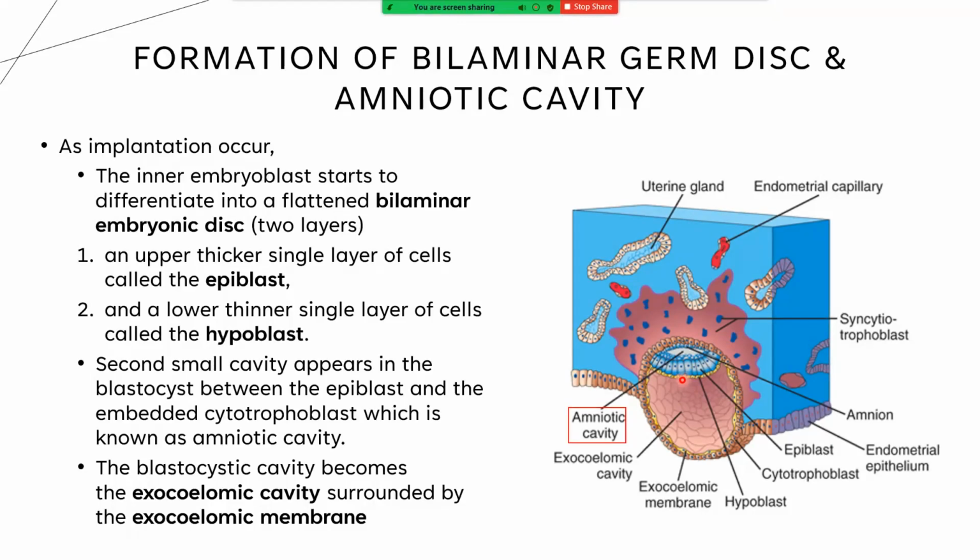And what happened next? A second small cavity appears in the blastocyst between the epiblast and the cytotrophoblast. This cavity is known as the amniotic cavity. Surrounding the amniotic cavity is the amnion or amniotic membrane.